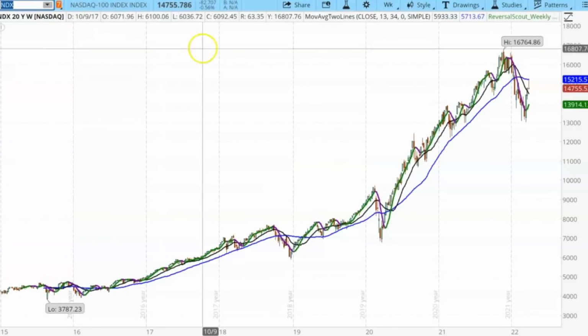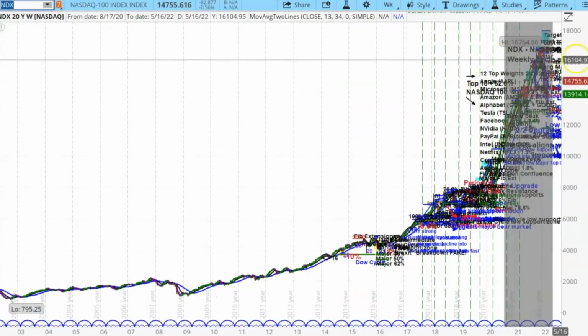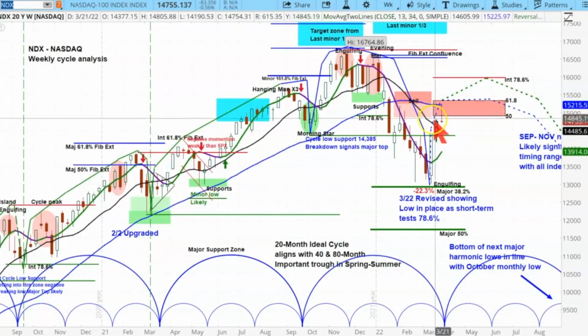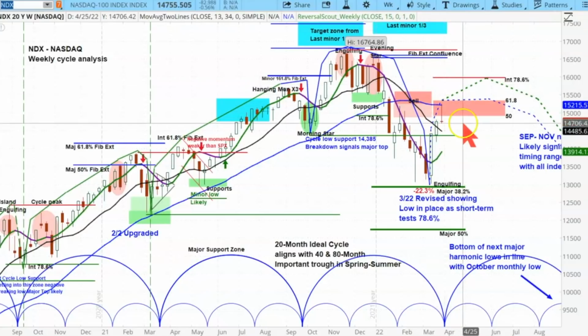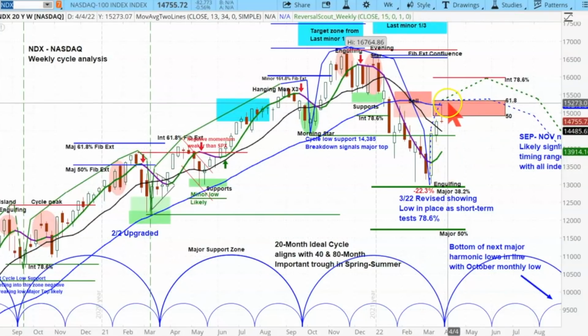Now Apple had an absolutely monstrous move as it rallied from 150 up into about 175, and then has pulled back. But while the S&P 500 threatened the 78.6, the Nasdaq, which also has now established positive momentum, has rejected near the 61.8.